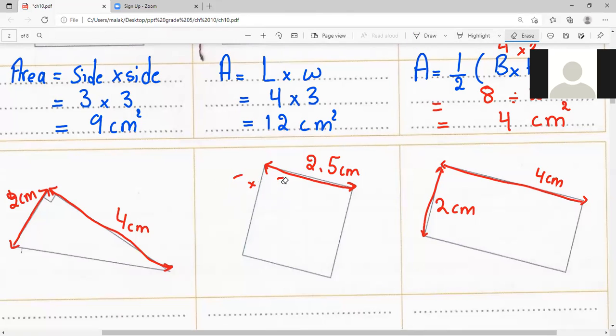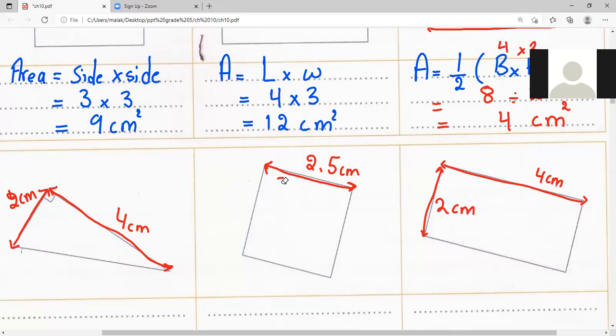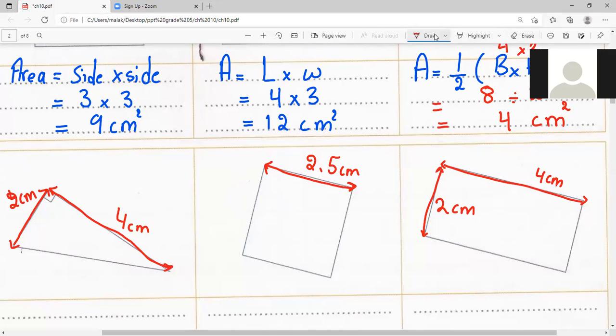How do we multiply decimal numbers? We arrange without the point, then at the end we count the digits and place the point in the answer. So you arrange 25 by 25, like the first one. Yes, the same.